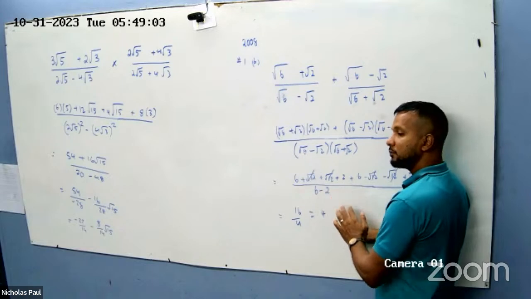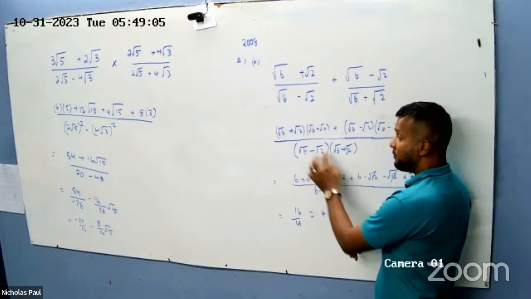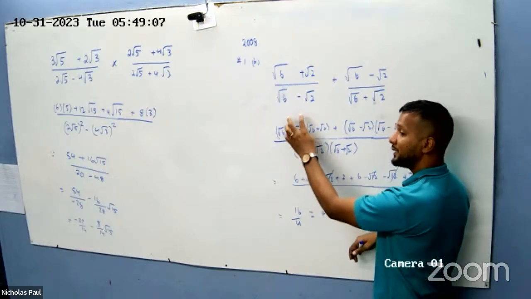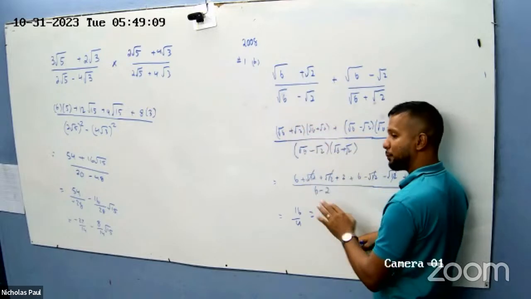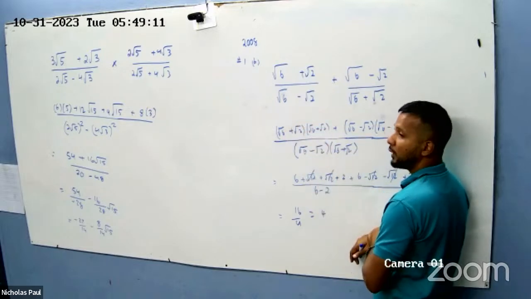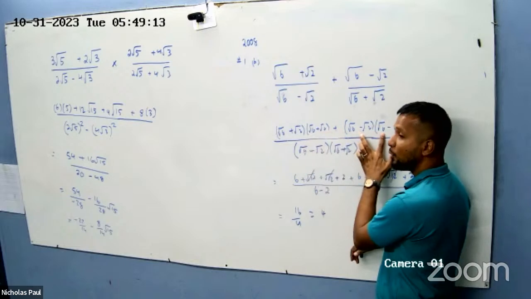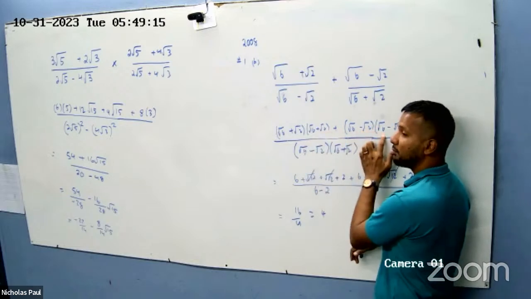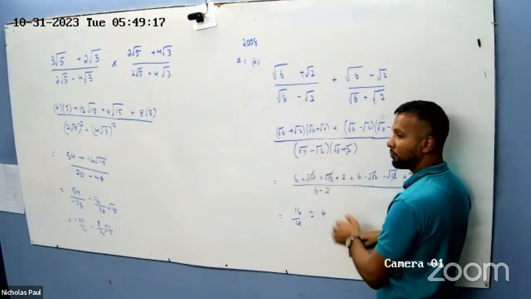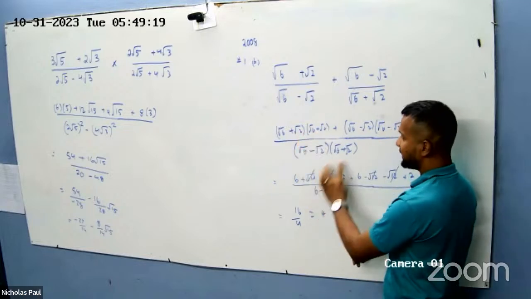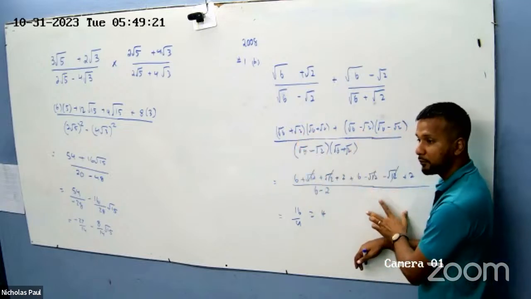So if you expand this and you get 6 plus 2, that's a wrong expansion. It just so happened that here also had negative root 12, so positive and negative cancel out. So you have to expand this like this, expand this like this. All right?